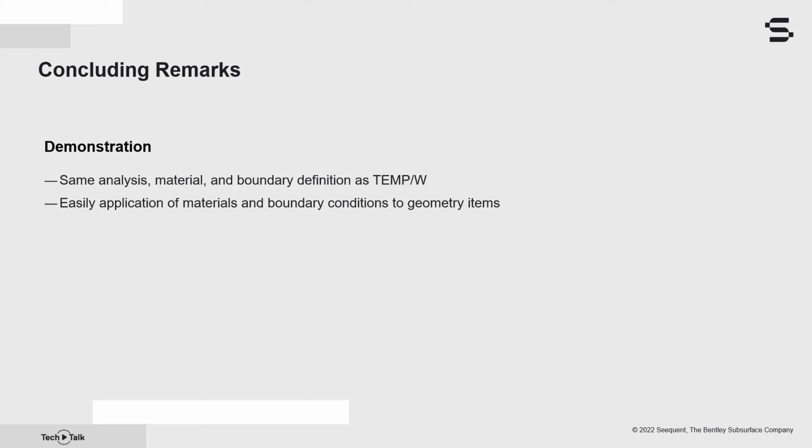Materials and boundary conditions can be easily applied to geometry items using the Geometry Selection Tools and Properties Definition window. As in 2D analyses, we can constrain the 3D mesh where high temperature gradients are expected. The mesh view also allows for the ability to set locations for plotting results. Finally, there are similar tools available for interrogating 3D analysis results as for 2D GeoStudio analyses.